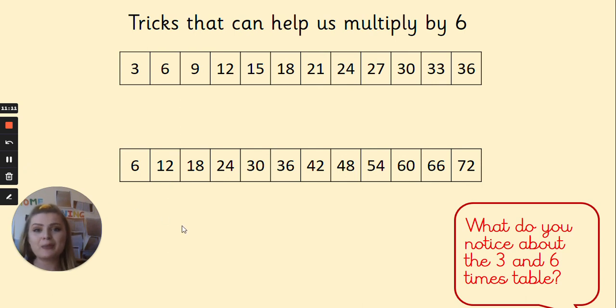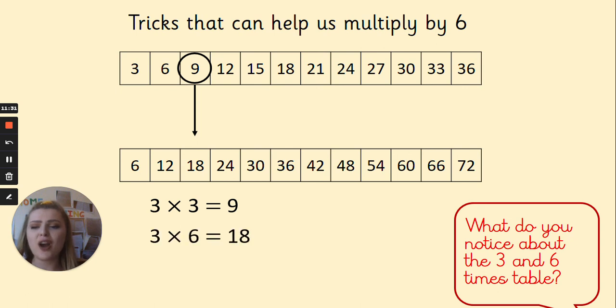Okay, well, one thing that I have spotted about the 3 and 6 times table, which is going to be really useful for you when you are doing your multiplication, is that 3 times 3 is 9. Okay. Well, 3 times 6 is 18.